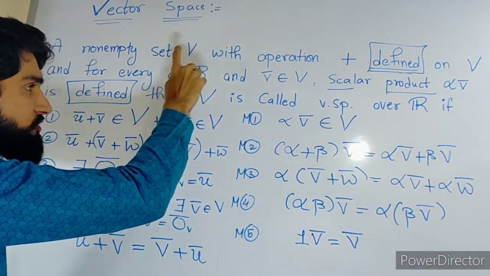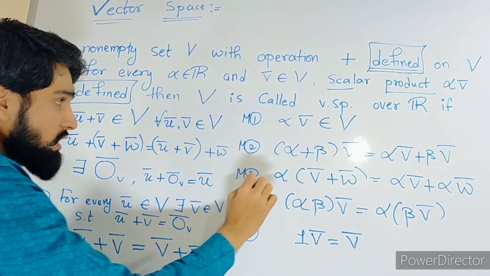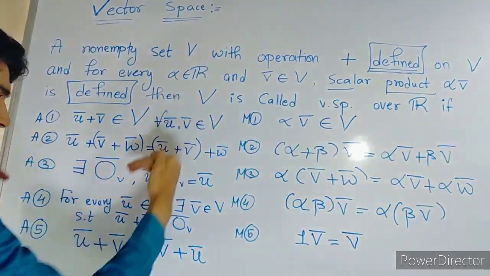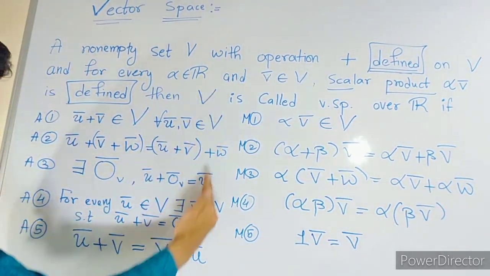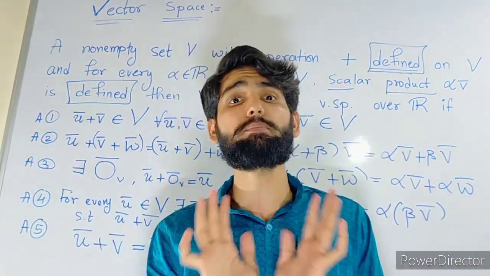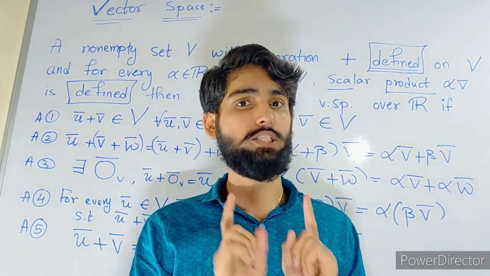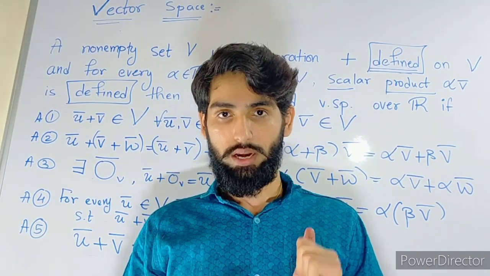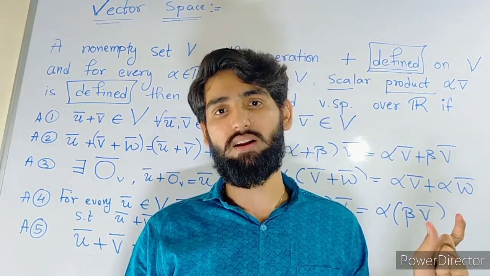If this set with these two operations satisfies all these 10 conditions, 5 conditions for addition and 5 conditions for the scalar product, then that set can be called a vector space over R. Now why the word over R?